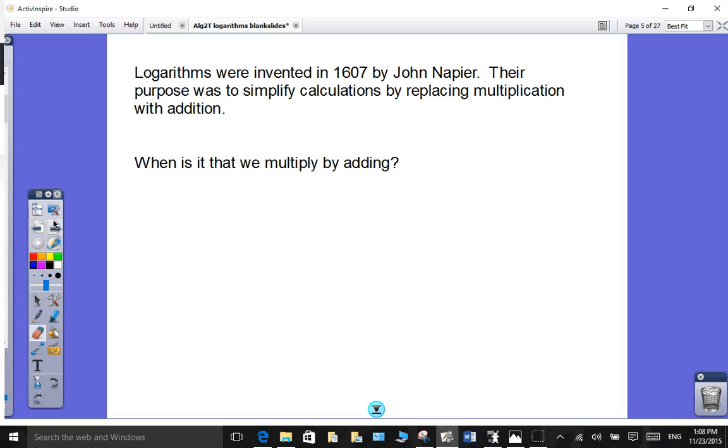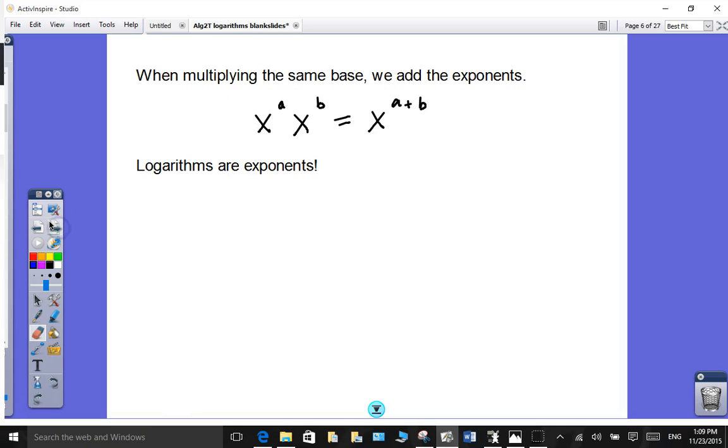Say again? You have it reversed. When you multiply, you add the exponents, right? So we've actually kind of already done this. When you have the same base, like this, x to the a times x to the b, you multiply them by adding the exponents. So logarithms, in the end, are exponents.